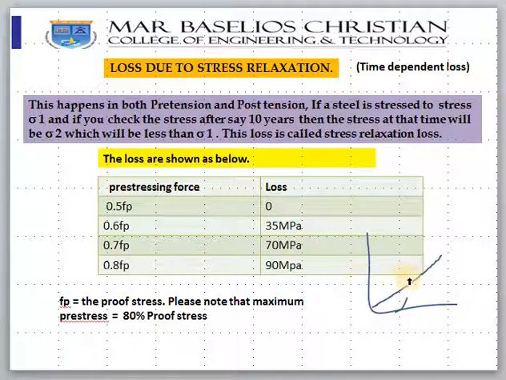That stress is called the proof stress. Maximum we will take only 0.8 fp as the maximum pre-stressing force. In that case, 90 MPa is the loss.